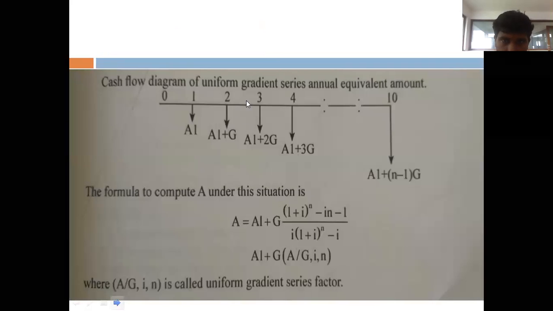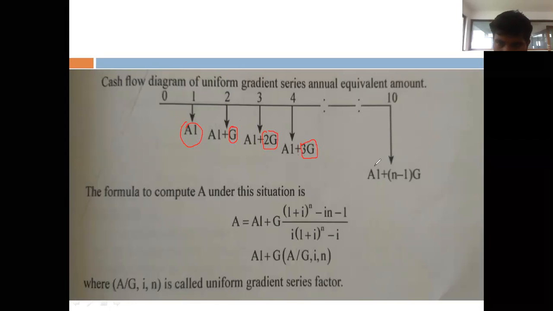Here it is. The amount is A1, and in the next consecutive years I'll be adding an increment G: 1G, 2G, 3G.